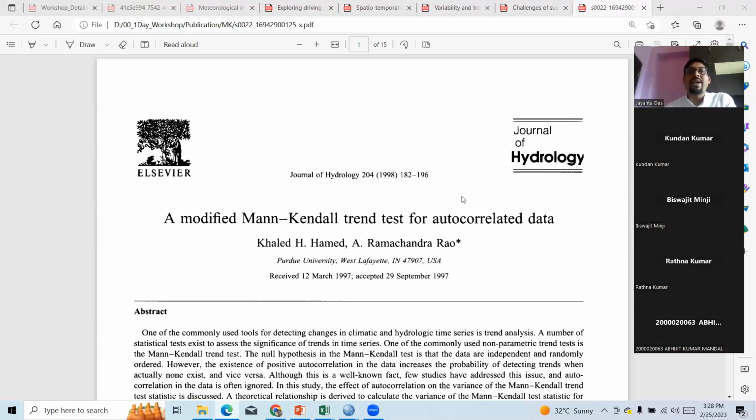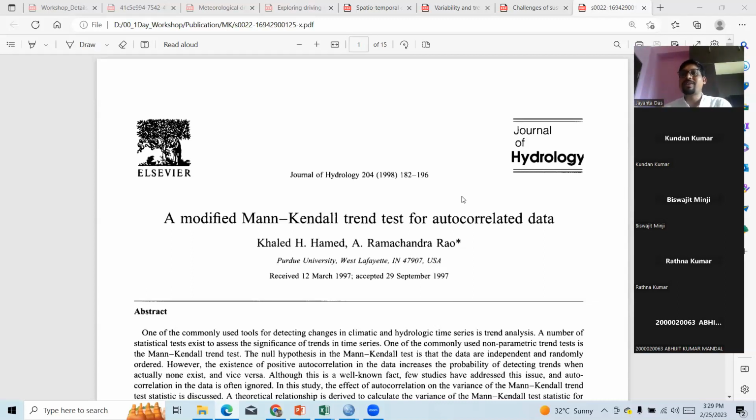You have to compare. We have to decide which trend statistic is better for your data, which trend test fits your analysis. Sometimes, for example, you're working on pan evaporation data, or some of you use groundwater data, and you use the Mann-Kendall test.